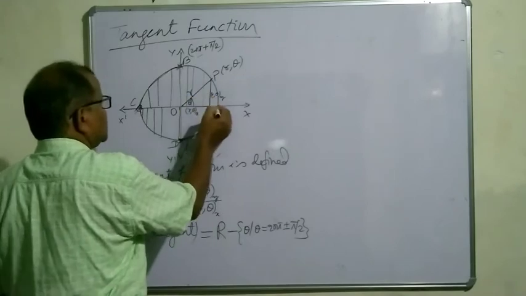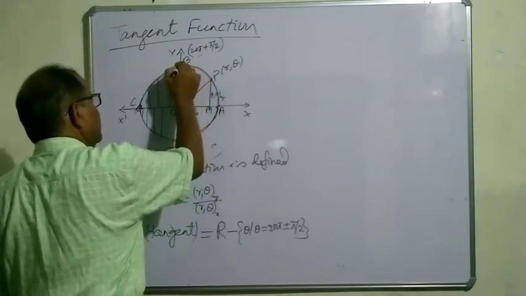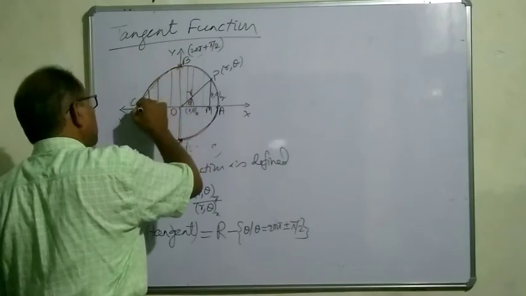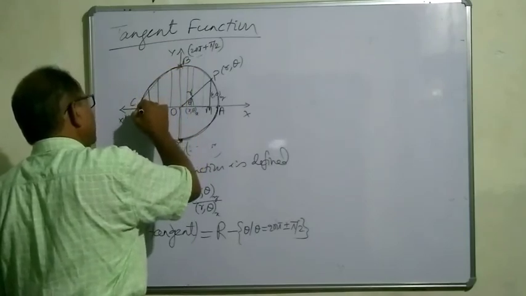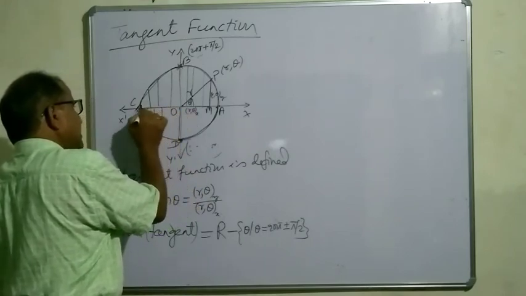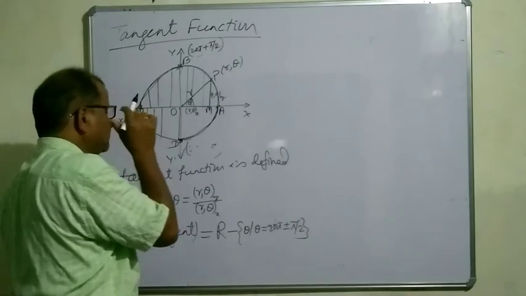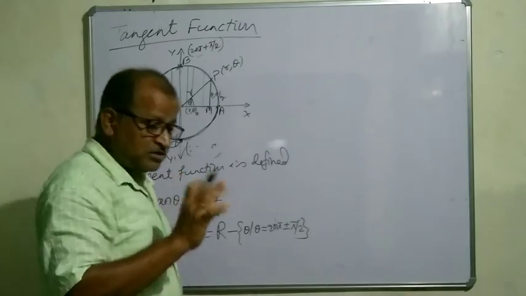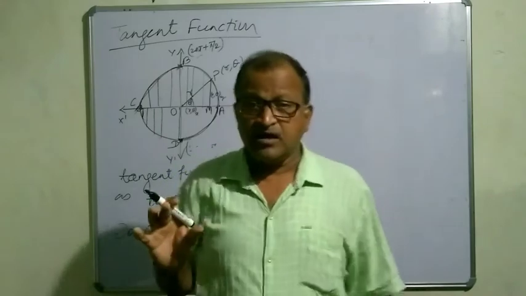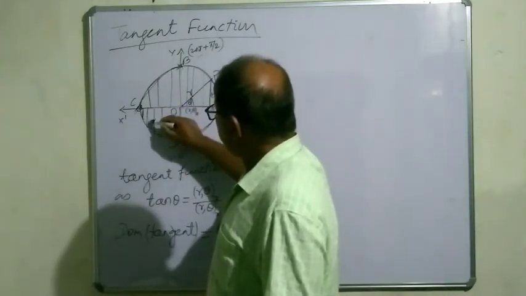Then from 0 it increases up to infinity, and from infinity it decreases up to 0, and again it is increasing, because r theta x is decreasing and r theta y is increasing in absolute value, but they are negative in nature, so the ratio will be positive.